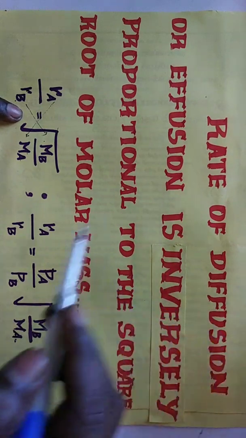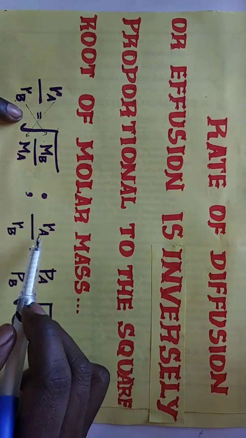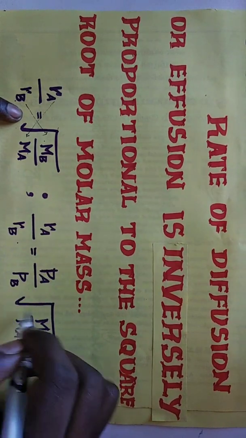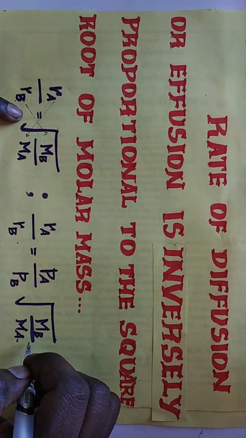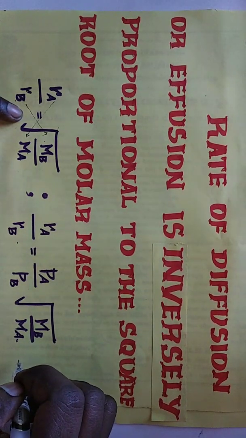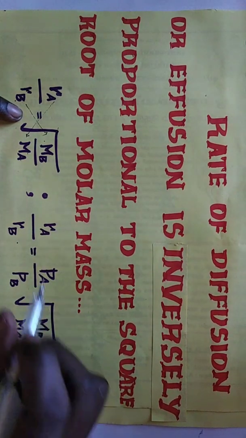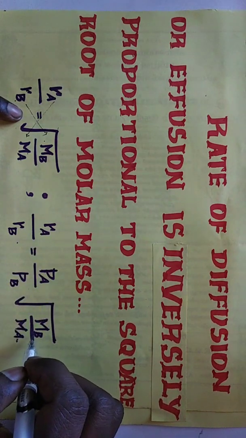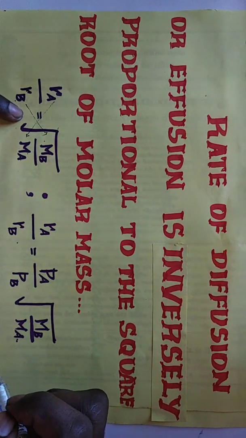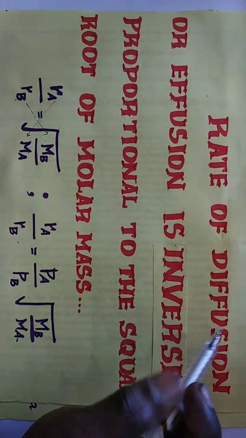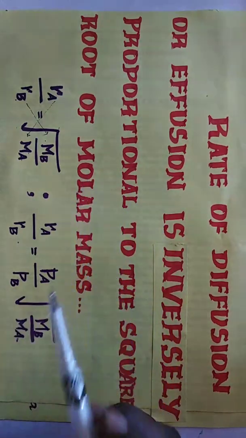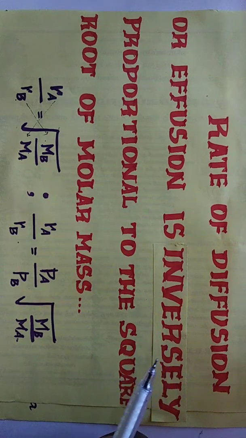Now the equation becomes RA by RB equals PA divided by PB into the square root of MB divided by MA. So this is Graham's law: the rate of diffusion or effusion is inversely proportional to the square root of molar mass. With this, Graham's law is completed.